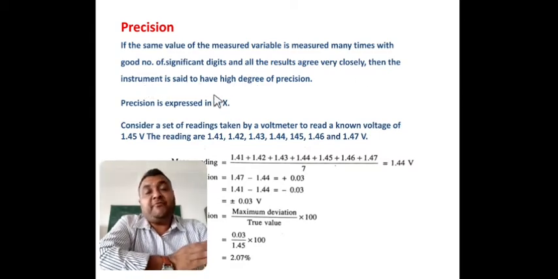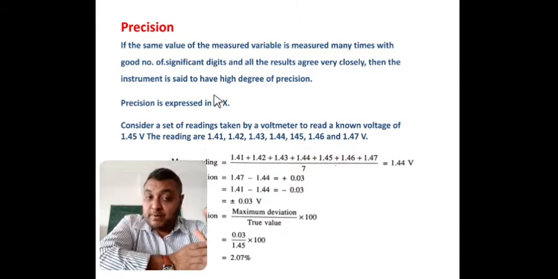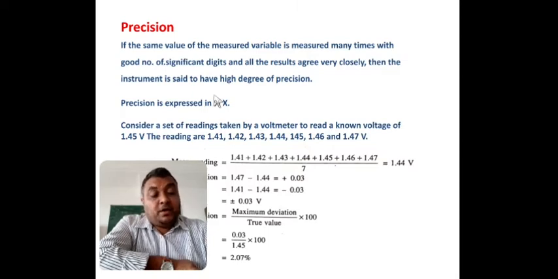That means if we take one instrument, for example a weight measuring machine, and measure a 1 kg weight, it will give some reading. We take a number of readings one by one, note down each reading and take the average of it, and that is how precision can be determined.